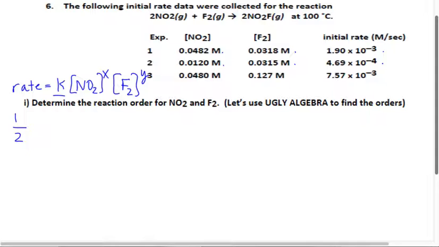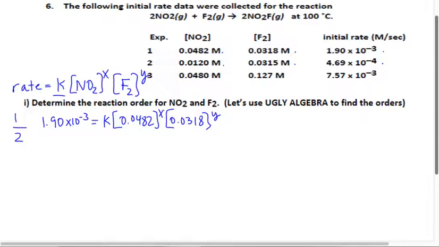Our rate of experiment 1 is 1.90 times 10 to the negative third, and that's equal to, we don't know K. In experiment 1, the concentration of NO2 is 0.0482. We still don't know the order, raised to the X. And then we're going to put in the concentration of experiment 1 of F2, 0.0318, and we don't know Y. Is this ringing a bell?